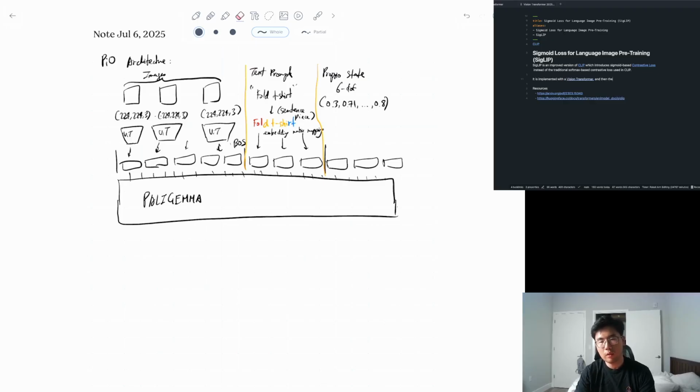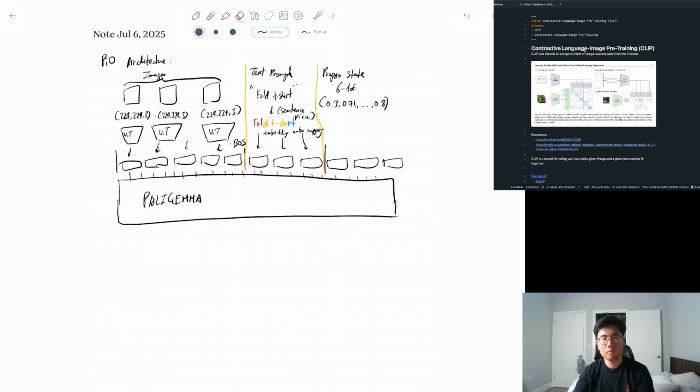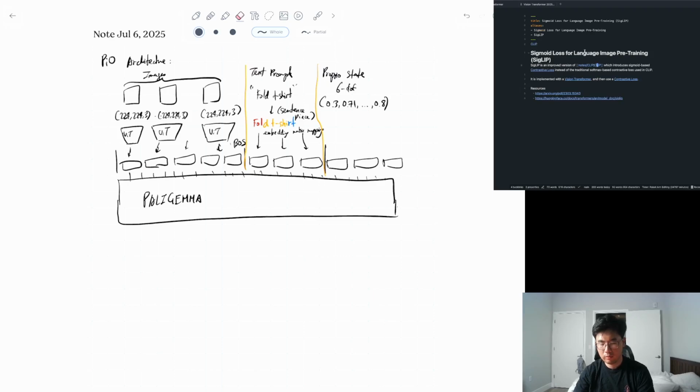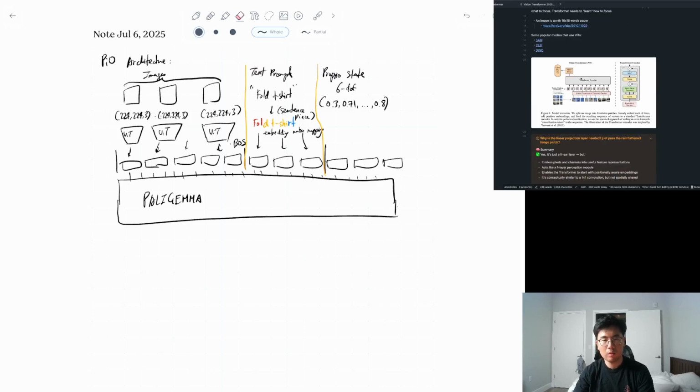And then the loss, it uses a contrastive loss.